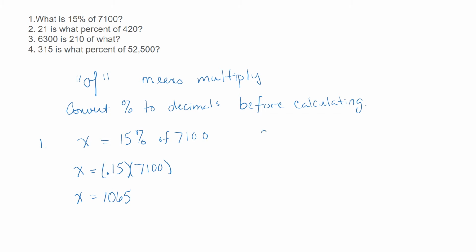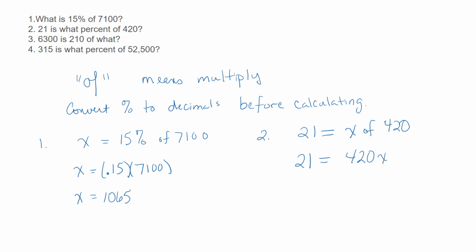Number 2, if I write this as an equation, 21 is what percent of 420? So 21 is, of means multiply, 420 times x.